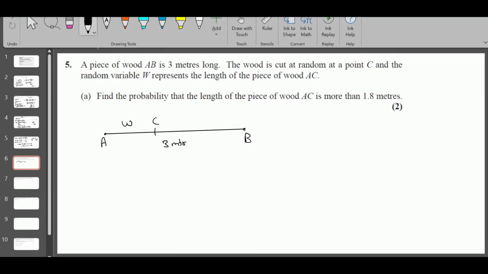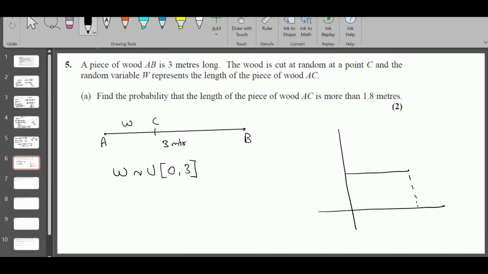So we need to note, we should write W follows uniform distribution of anything between 0 to 3, right? So if you draw the graph, it's going to be 0 to 3. This is the graph, right? So when they say more than 1.8, we know this is 1 over b minus a, so 1 over 3 as per the continuous uniform distribution.